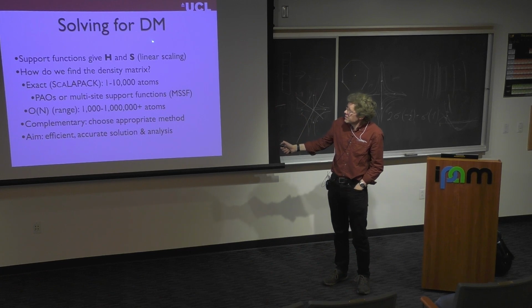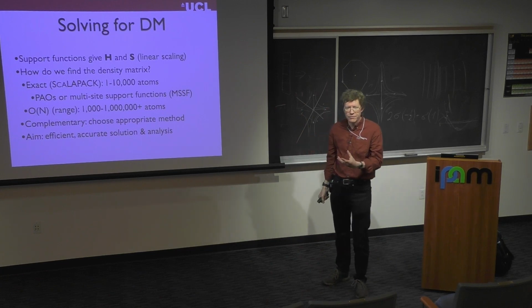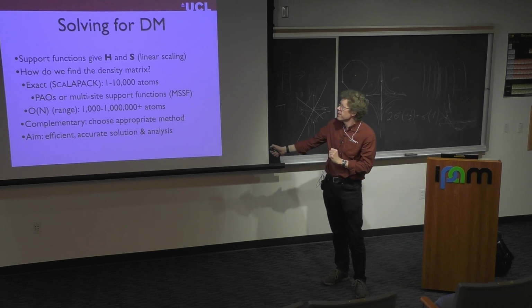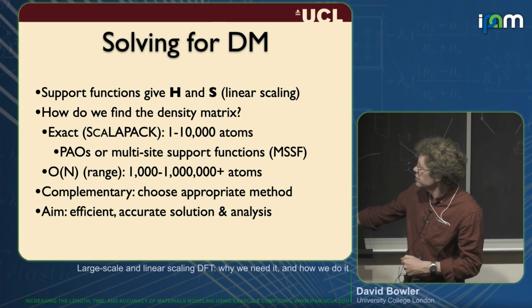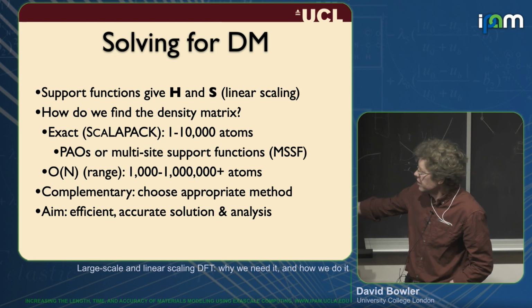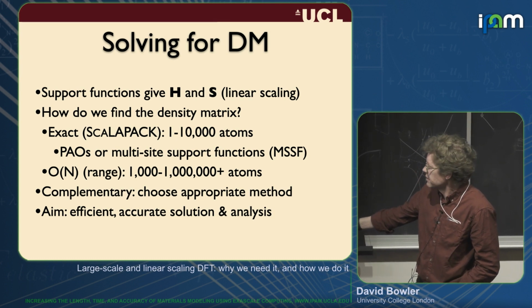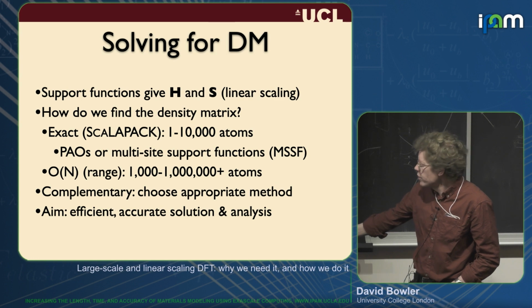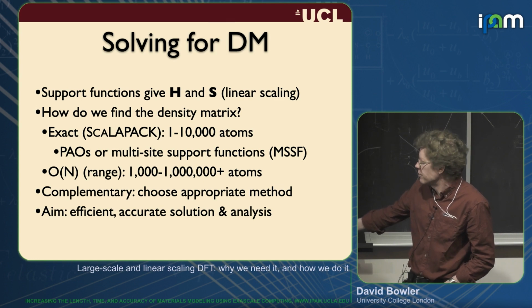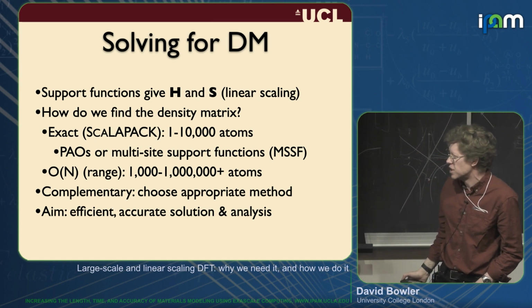How do we solve for the density matrix? So most of what we do doesn't involve the wave functions, it just involves the density matrix. Once we've calculated the support functions, once we've calculated the matrices, the Hamiltonian and the overlap, which is done in a linear scaling way, we either diagonalize using ScaLAPACK, and we do that up to about 10,000 atoms, or we use an order N solver where we go from somewhere between 1,000 and 1,000,000 atoms and beyond if we have a big enough machine.